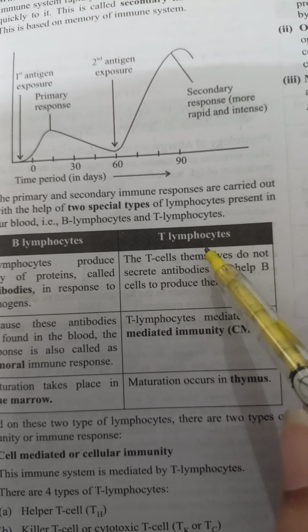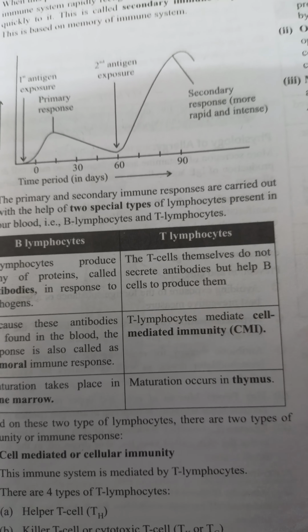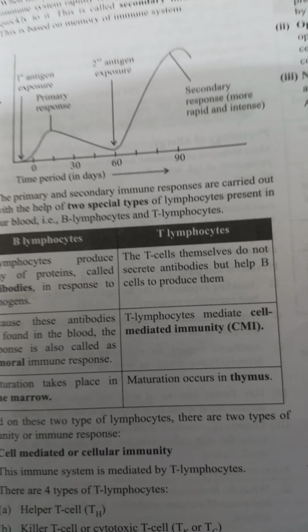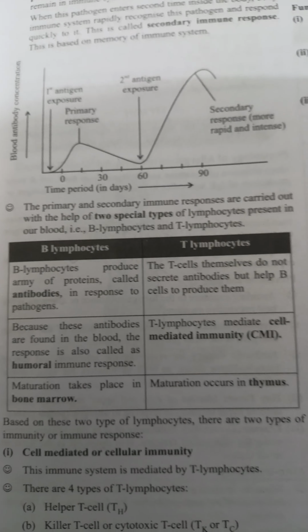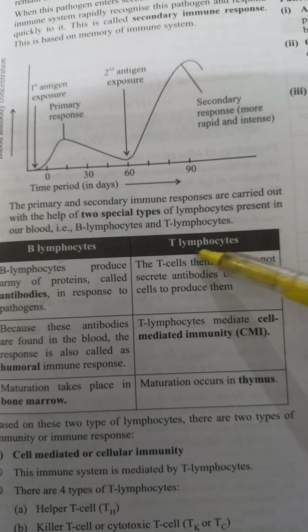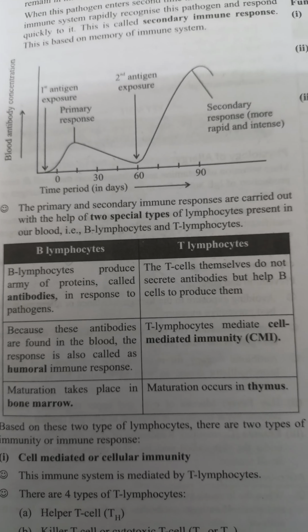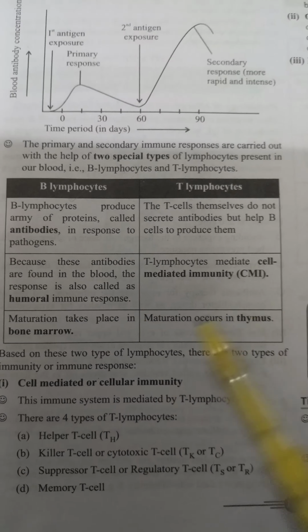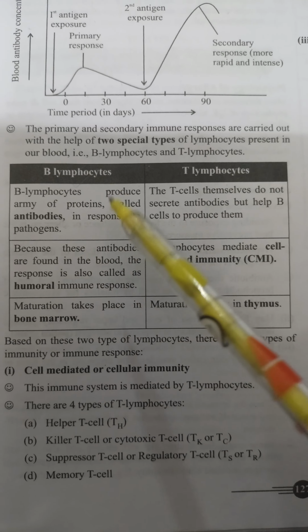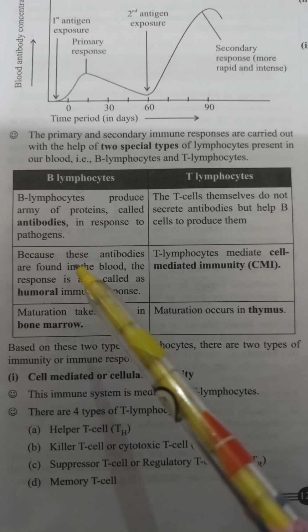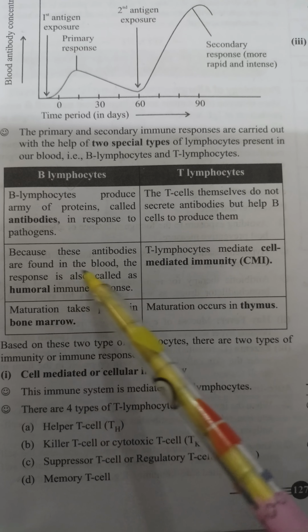Now what is the function of T lymphocytes? T lymphocytes themselves do not secrete any antibody, but they help these B lymphocytes to secrete the antibody. I am repeating again, T lymphocytes help the B lymphocytes to produce the antibodies. Now these antibodies are found in the blood.